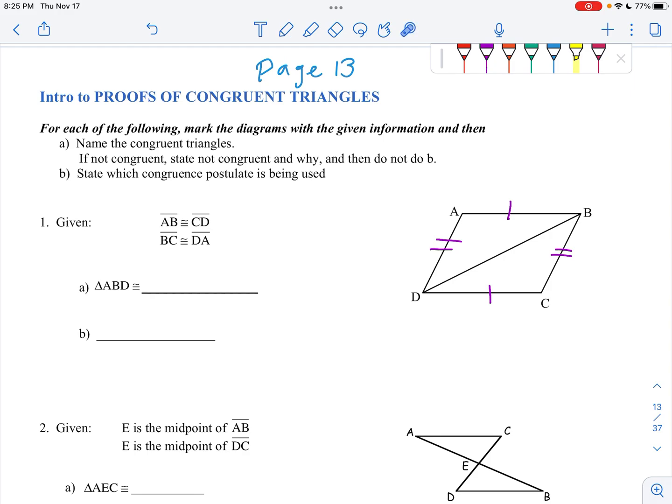I have to dig a little deeper. I see that this side is shared between the two triangles. If it's shared, then it's got to be the same size for both triangles, so I can say that it's congruent to itself. Then when I look at this triangle, it has a 1 tick, a 2 tick, a 3 tick. And so does this other triangle. So these triangles are congruent by side, side, side.